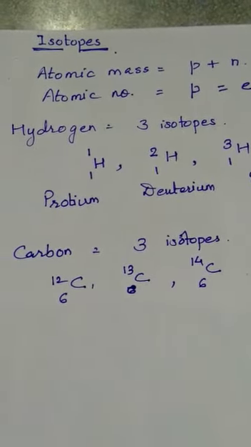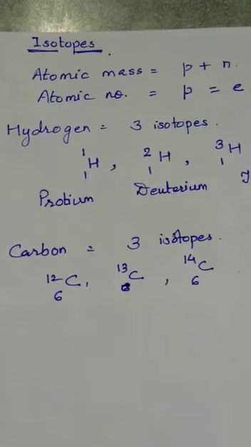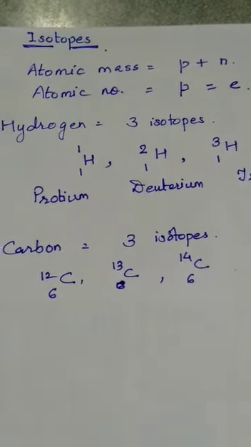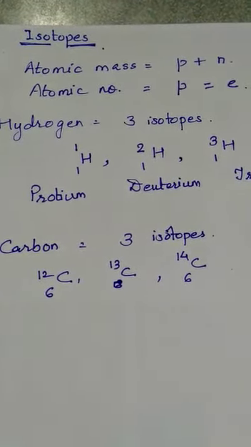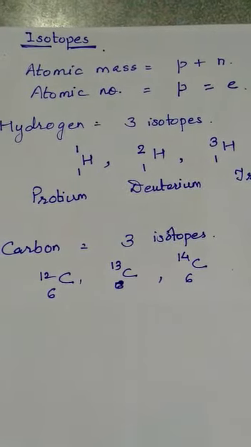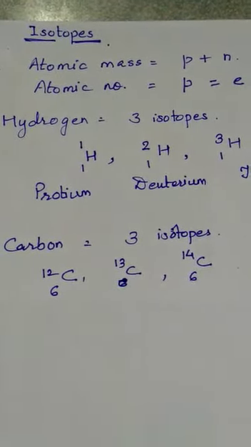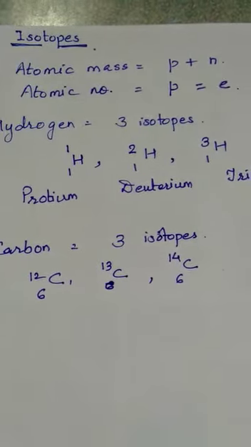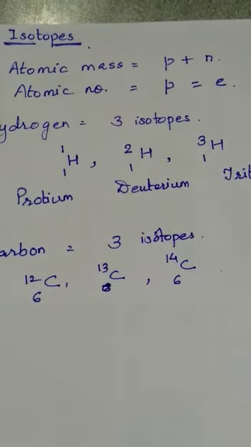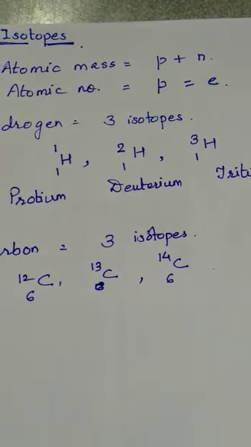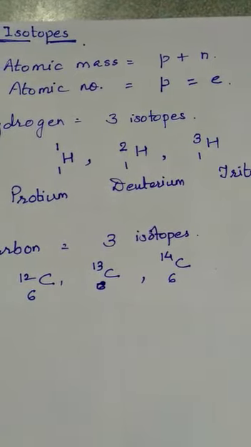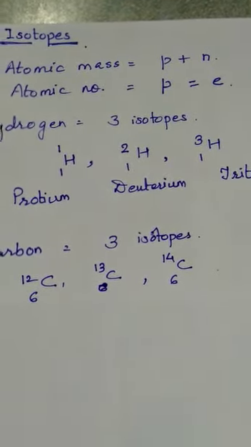As we have seen in the last video, the electronic configuration will be 2,4 in all 3 isotopes of carbon. When the electronic configuration is the same, the tendency of all the carbon isotopes to form ions or to chemically combine with other elements will remain the same, because the number of valence electrons is equal.